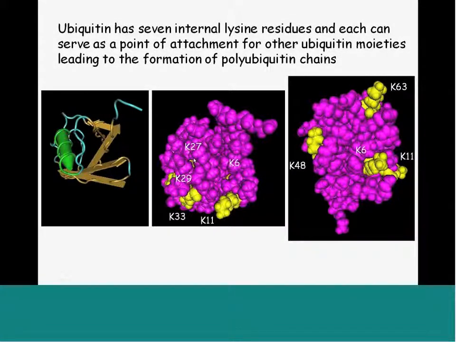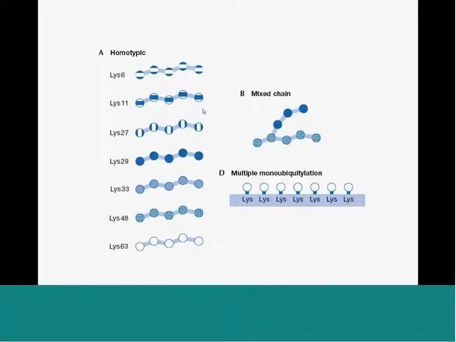In fact, they can be formed through modification of all of the lysine residues. The most studied have been K63 and K48 linked chains. I'm going to talk about them because we've looked at binding of our ubiquitin binding domains to polyubiquitin chains, K48 and K63. Laura, can you hear me okay?